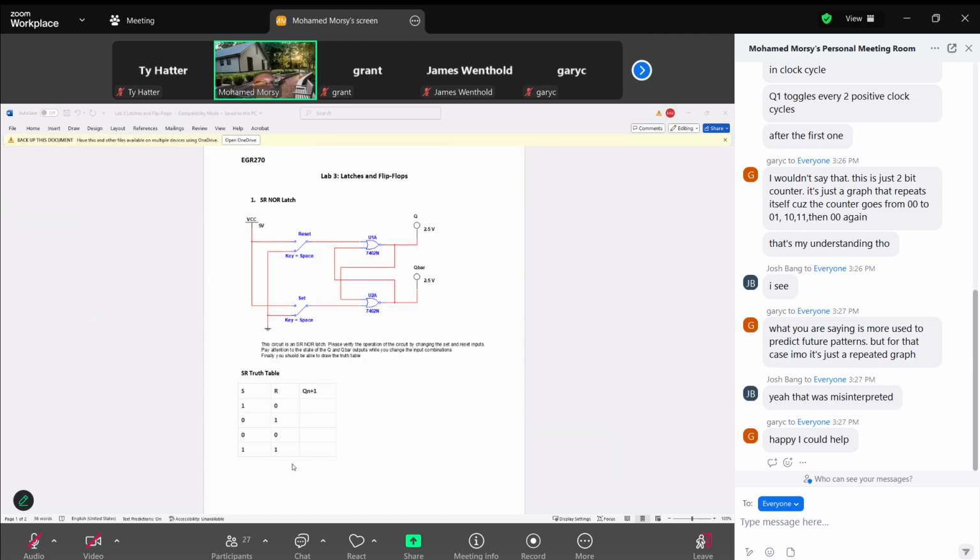And we need to fill out this table. If S is 1 and R is 0, based on our analysis, the output is 1. Set the output to 1.